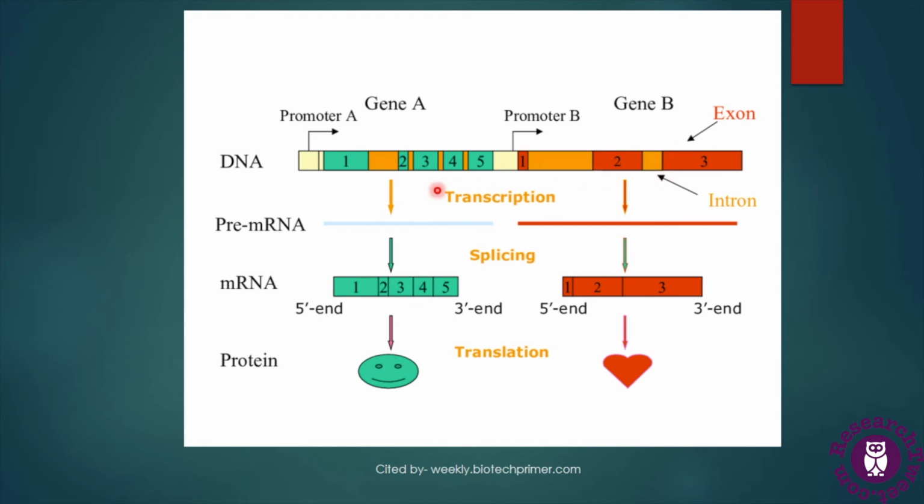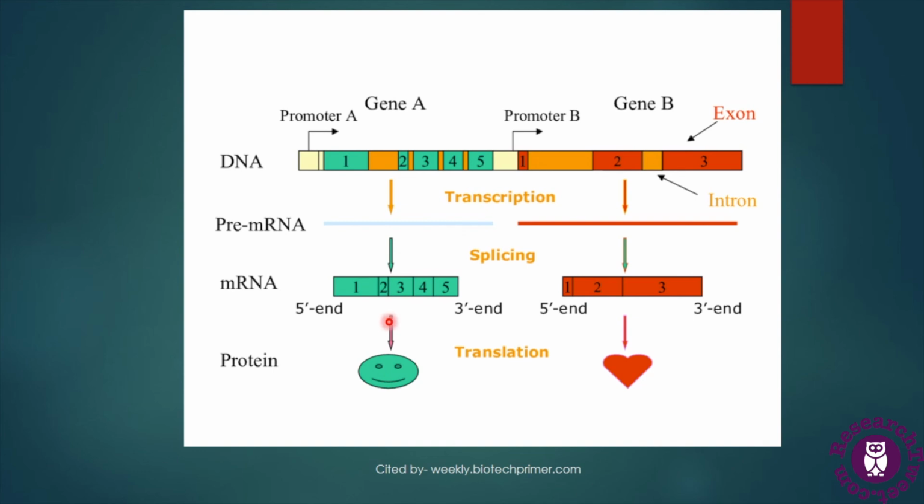With the help of transcription, this DNA molecule is converted into mRNA. After the mRNA transcript, there is no role of introns in the translation process. So this pre-mRNA transcript is spliced by the process of RNA splicing, and the introns get removed from this transcript, leaving all the exons in a continuous manner.